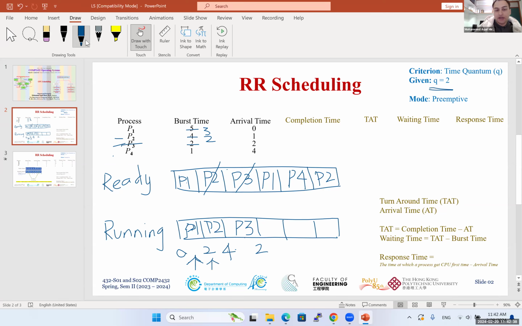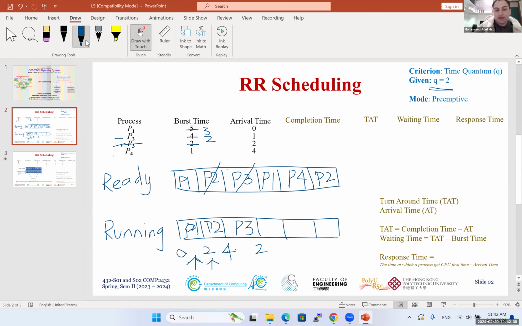Similarly, for process P3, the completion time is 6, and for process P4, the completion time is 9. Based on that, you can also calculate the turnaround time, the waiting time and the response time. And remember, when we are talking about the preemptive mode, your waiting times and response times will be different. I have already calculated these for you. You can go through it and verify these numbers.